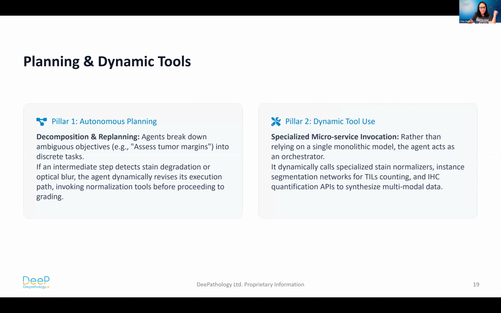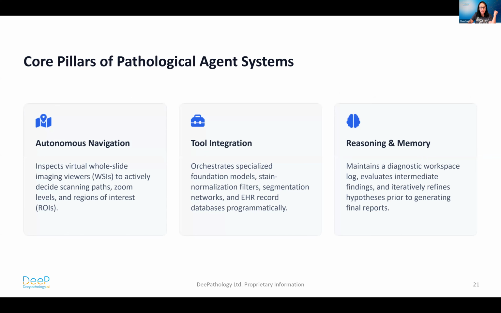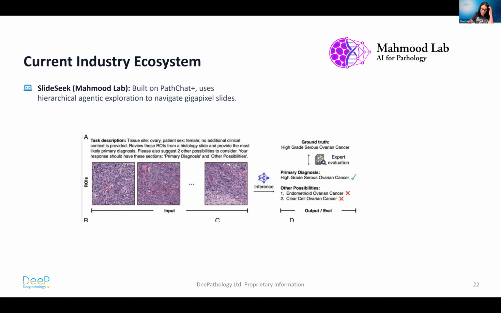So I want to spend the time we have left exploring a little bit on agents in computational pathology. I'm not going to talk about all that is out there. It's not like a review, but it's just giving you some notable examples.